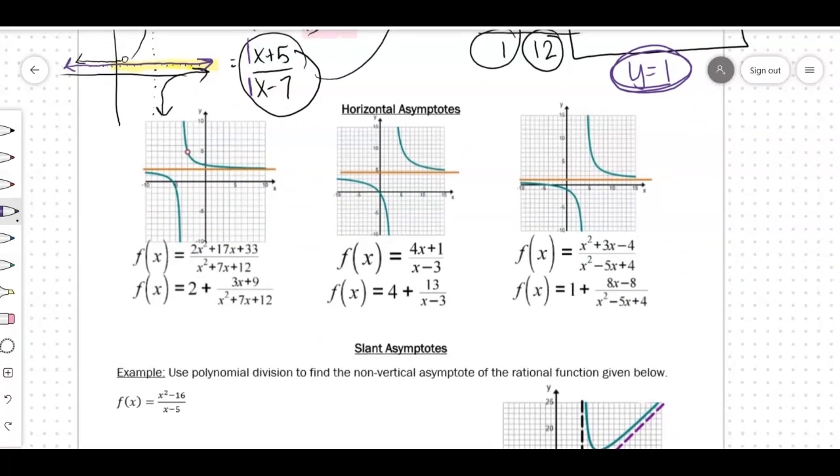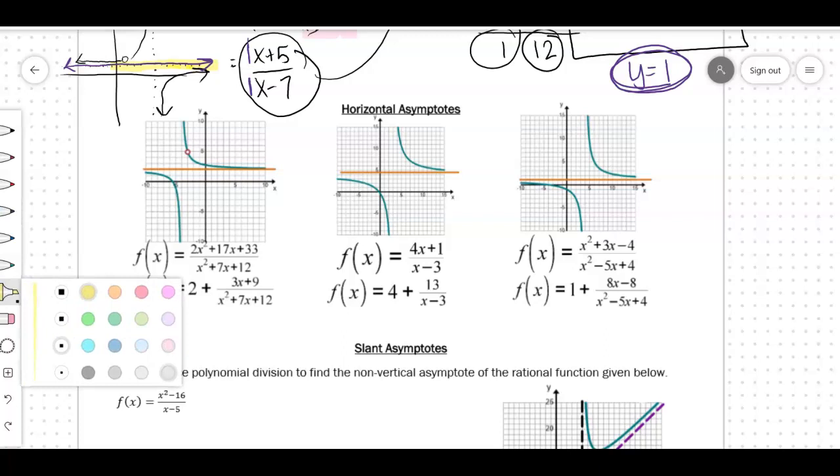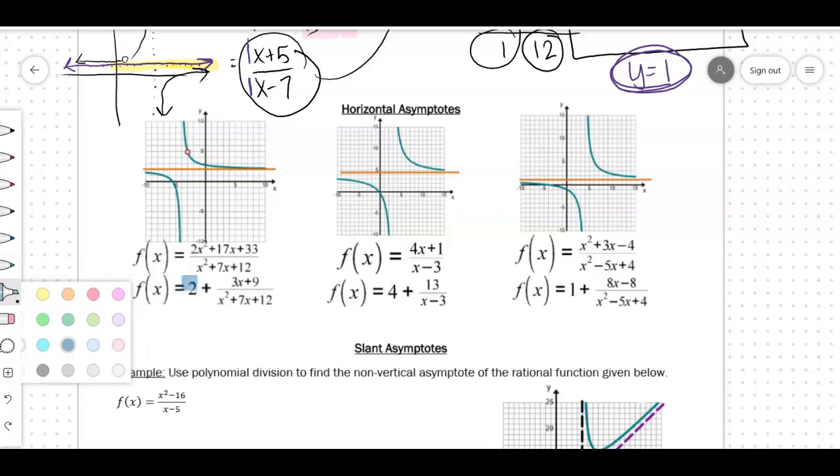Okay, so here's a couple more examples of that same idea. I have each of these functions in improper form and in mixed number form. Again, that polynomial piece will help us find the non-vertical asymptotes. So right here, the polynomial part was 2.